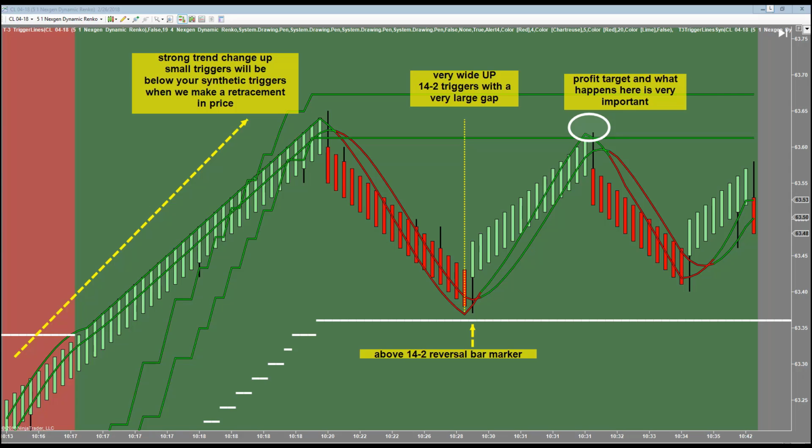As long as we do not violate the 14-2 reversal bar marker and we have sufficient Fibonacci support or resistance or mid bands to trade from, we're going to look for a trade as close to the 14-2 reversal bar marker as possible. And again, same thing applies when you're trading from underneath the 14-2 synthetic triggers. The 14-2 synthetic triggers will become your first profit target area, and what happens at this area will be very important for what happens next.